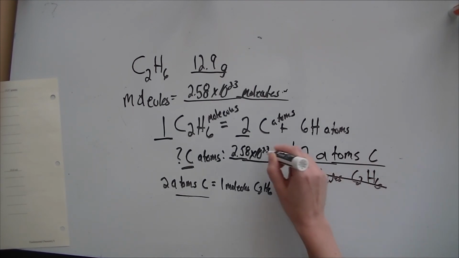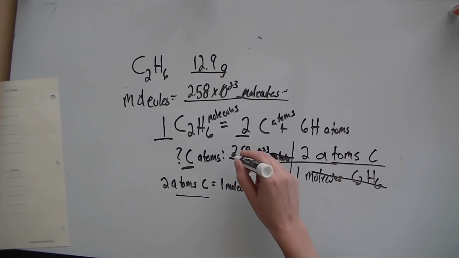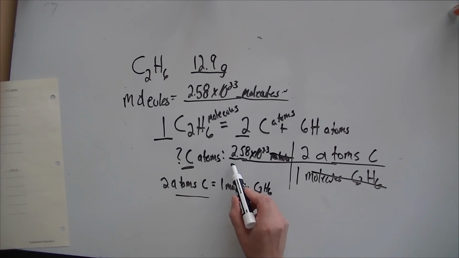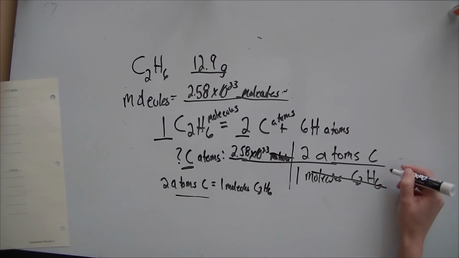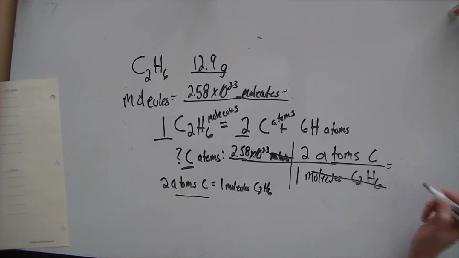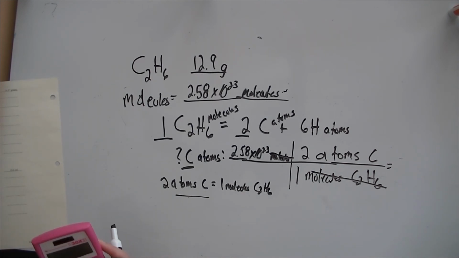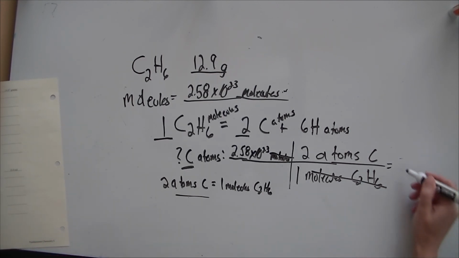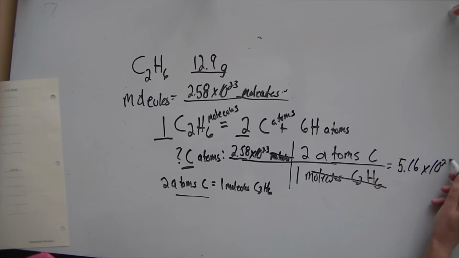Molecules of C2H6 cancel, and multiplying 2.58 times 10 to the 23rd times 2 will give me my atoms of carbon, which we've already solved. You'll get the same answer because we did it the same way, just the conversion factor method instead. So we still get 5.16 times 10 to the 23rd.